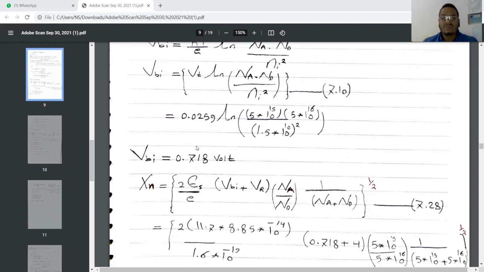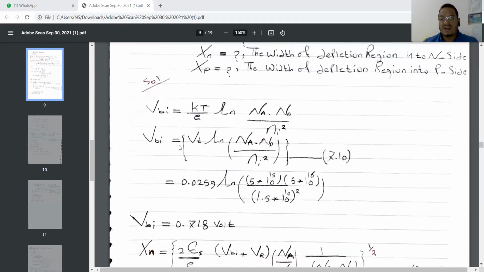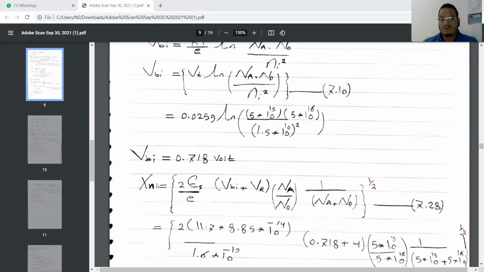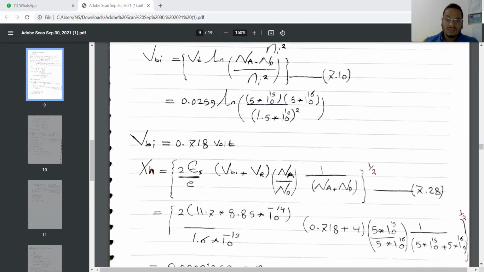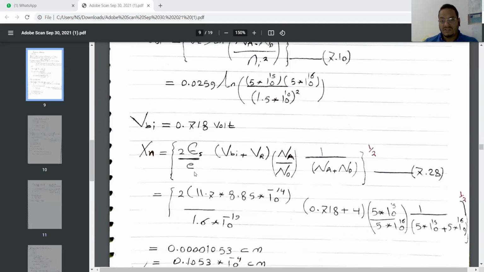Now we will use this result to calculate Xn, the width in the depletion region in the N side, sorry. That means if the author didn't ask us to determine VBI, we must calculate it, because without it we can't calculate the width of the depletion region in the N side. Here 2 permittivity divided by the electron charge 1.6 × 10^-19, between 2 brackets built-in barrier potential plus reverse bias voltage, between 2 brackets Na divided by Nd, and the last, equation 7.28.